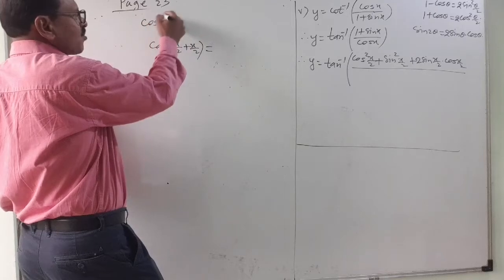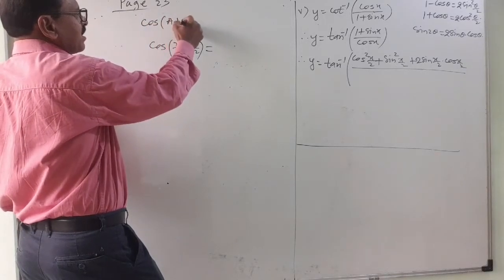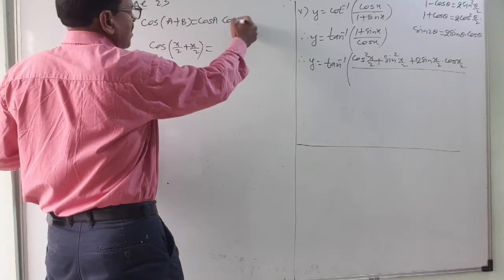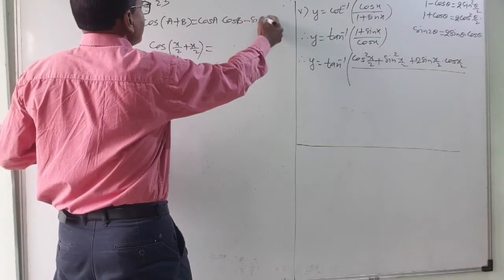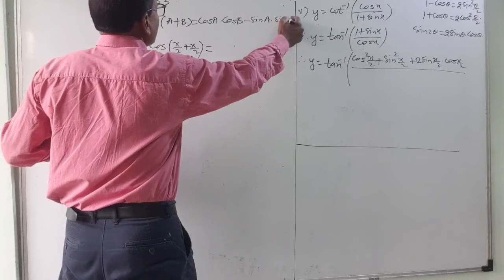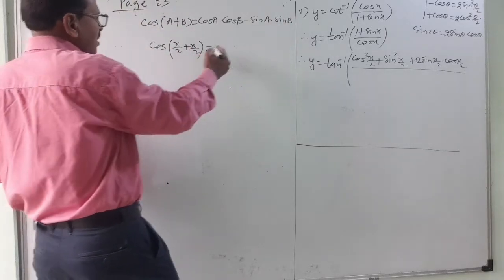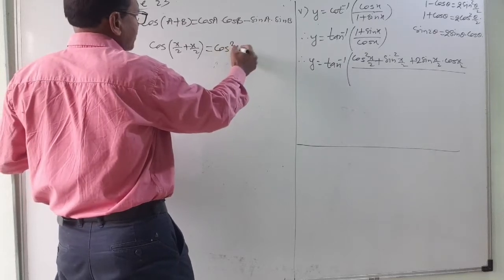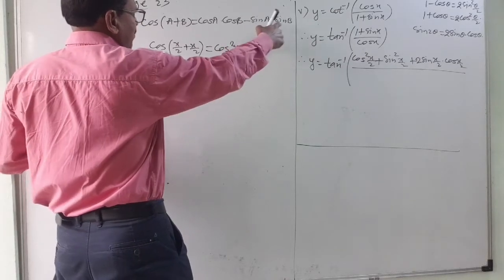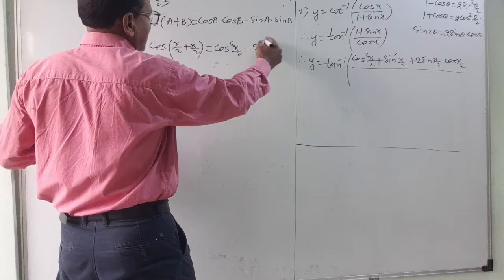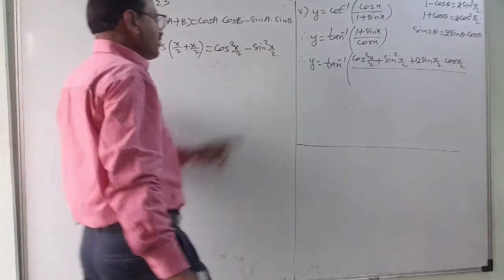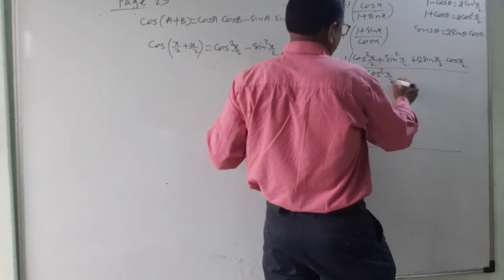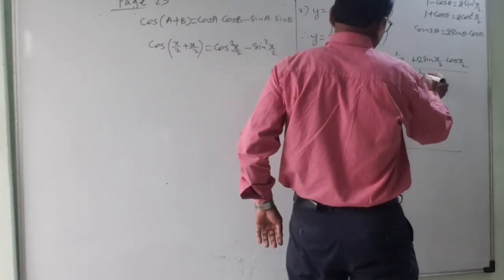Now the formula for cos of a plus b is equal to cos a into cos b minus sin a into sin b. This is the formula for cos. So here also it will be cos of x by 2 into cos of x by 2, means cos square x by 2, minus sin of x by 2 into sin of x by 2, will be sin square x by 2. So this way I will write it as cos square x by 2 minus sin square x by 2.